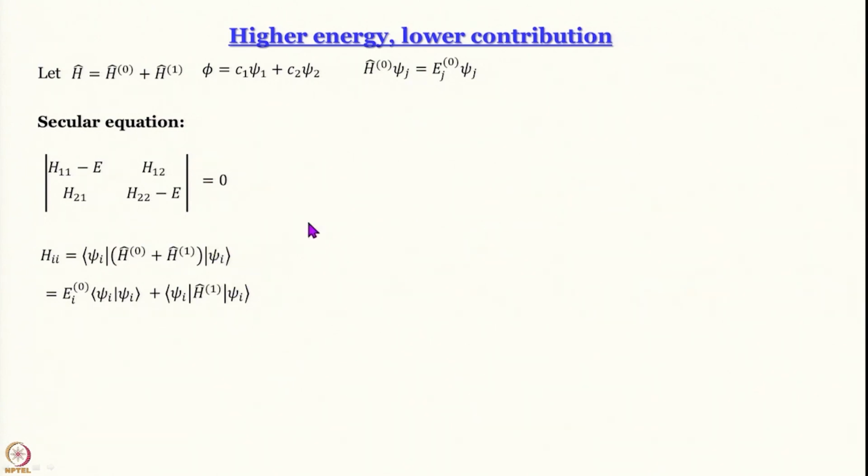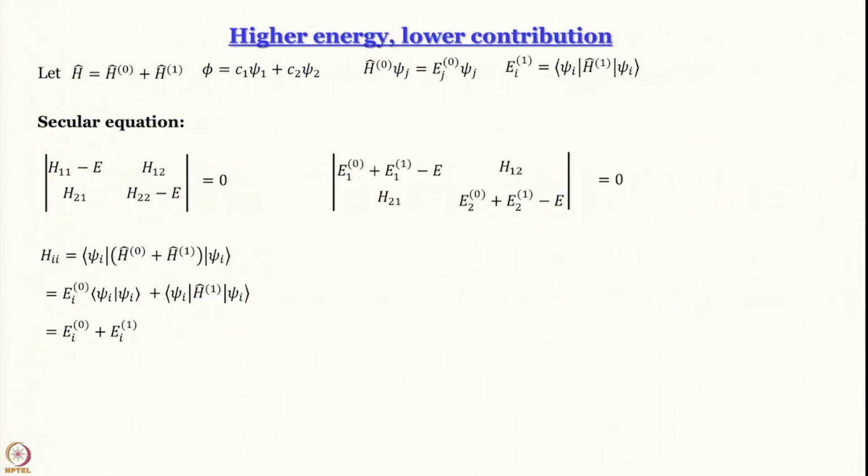The first term of course is Ei 0th, the uncorrected energy. The second term, as we have learned in our perturbation theoretical treatment, is the first order correction to energy. So, we get Ei 0th plus the first order correction to energy. That is what we use and this is what we get.